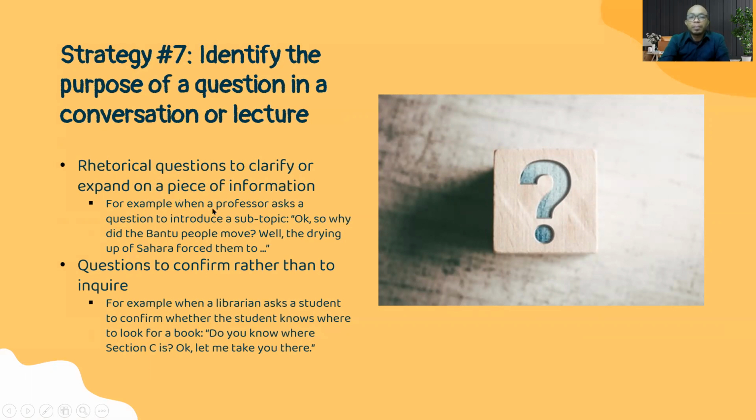So here's an example. When a professor asks a question to introduce a subtopic, it may sound like this: Okay, so why did the Bantu people move? Well, the drying up of Sahara forced them to blah, blah, blah. So you see, the professor is asking this question, why did the Bantu people move, not because he doesn't know that, or not because he wants the student to answer it, but because he wants to introduce or clarify or expand the information with the following one.